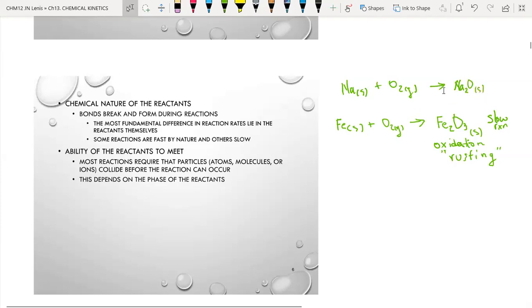And to form peroxide too. It's a very fast and explosive reaction.